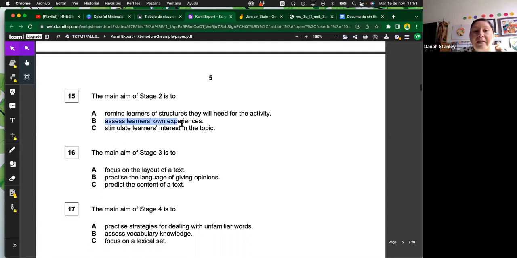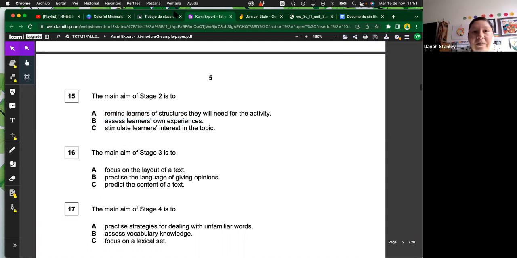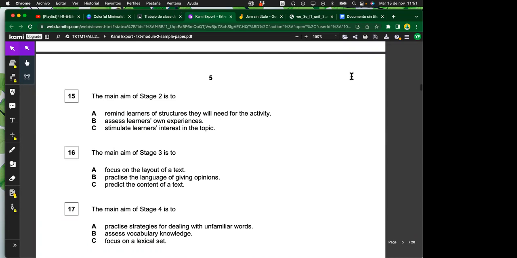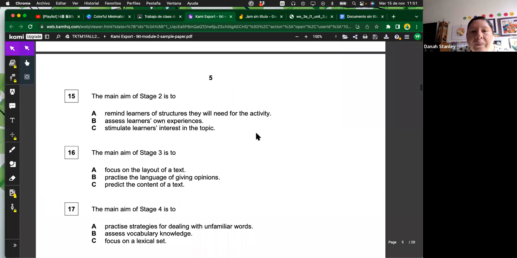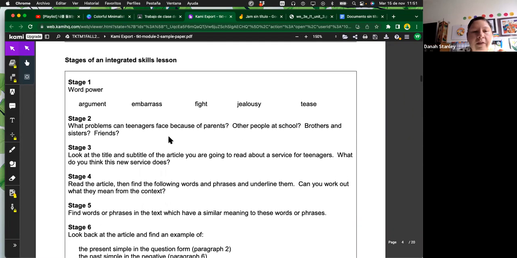Porque we don't assess the experiences. It is stimulating the learners, stimulate learners' interest in the topic. Muy bien. Exacto.